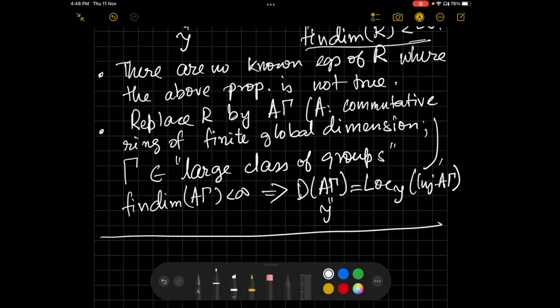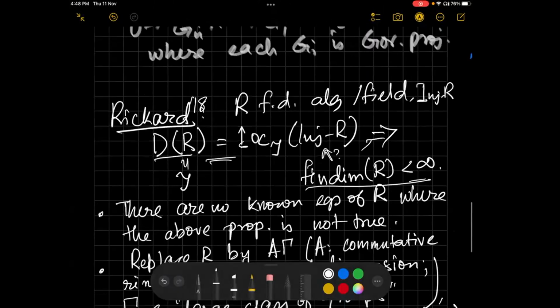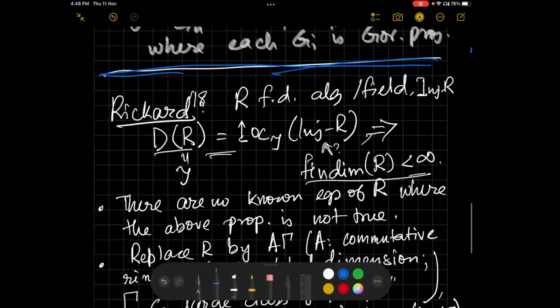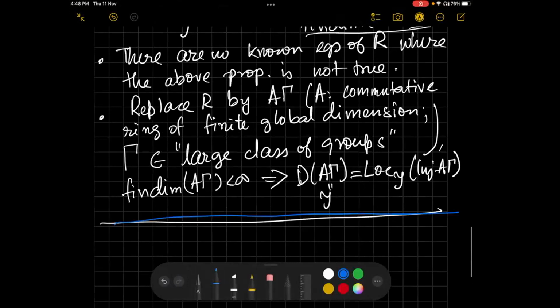Okay, this is what I'm going to do. To get there, I need to talk about some results involving the finitistic dimension for group algebras, and then you will see how this result is proved.